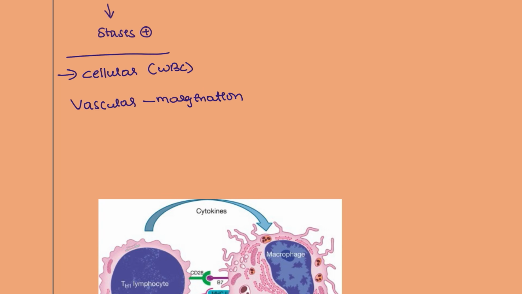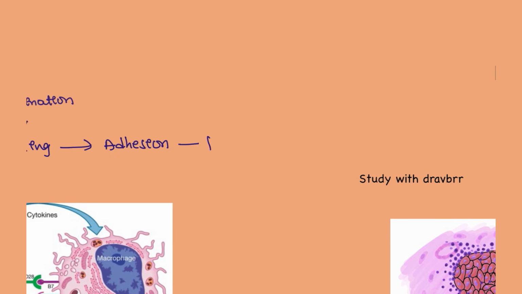This margination is followed by rolling, and after rolling we are going to have adhesion, and after adhesion pavementing, followed by emigration. These are the important points and diseases that you have to remember in this condition.